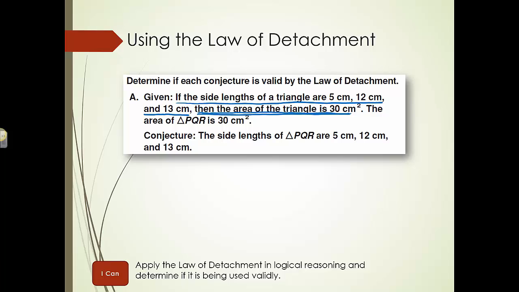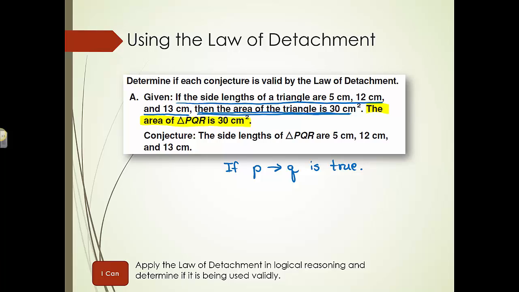And they draw the conclusion that the side lengths of PQR are 5, 12, and 13. Did they use the law of detachment correctly? They said if P implies Q is true, that's the first part. But in this next part, are they telling us that P is true or that Q is true?